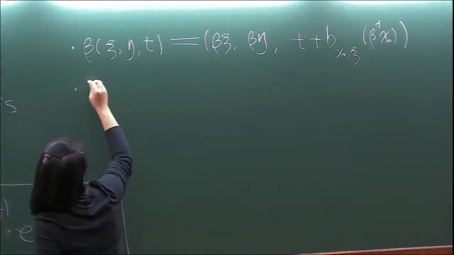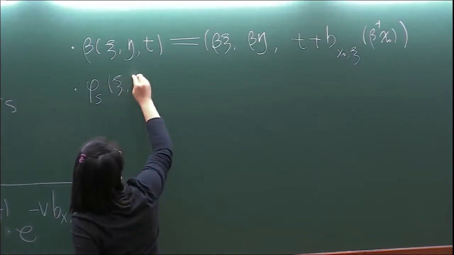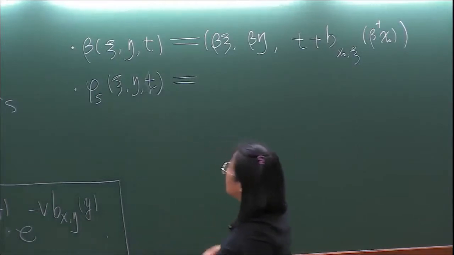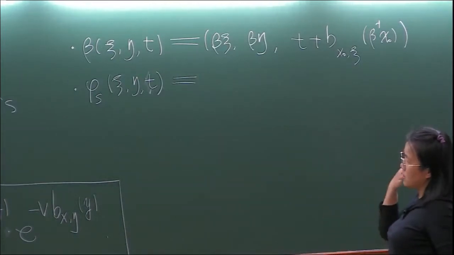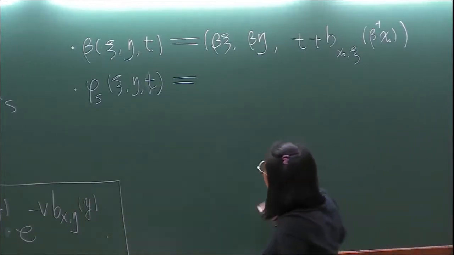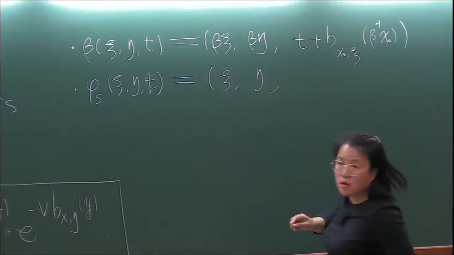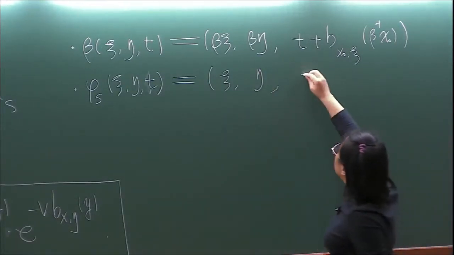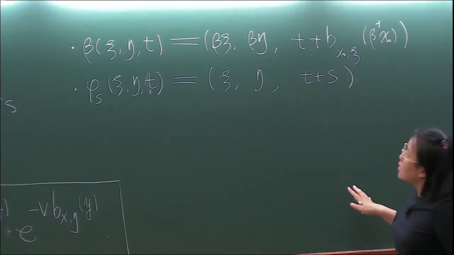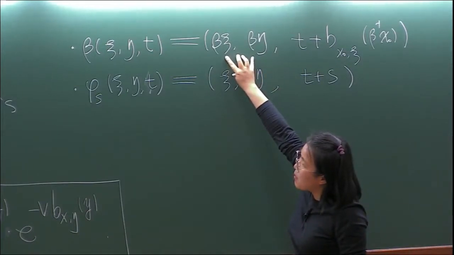This is the first point, and the second point is this phi s. When you apply it to this vector V, the S-time map of the geodesic flow of the V, what is this one? You are still in the same geodesic, so these two are the same. You just shift it, it's very simple, it's T plus S. So now you don't have a problem, this measure should be gamma invariant.